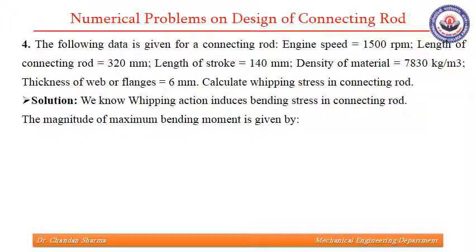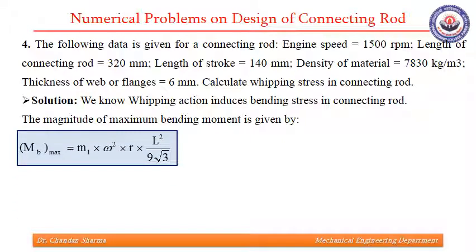Whipping action is due to the fact that small end of the connecting rod is having pure translation motion, and big end of the bearing is having pure rotational motion. So intermediate points will have different bending moments, which tends to provide the thrust on the connecting rod, and as a result bending stresses will be induced, which are called whipping stresses.